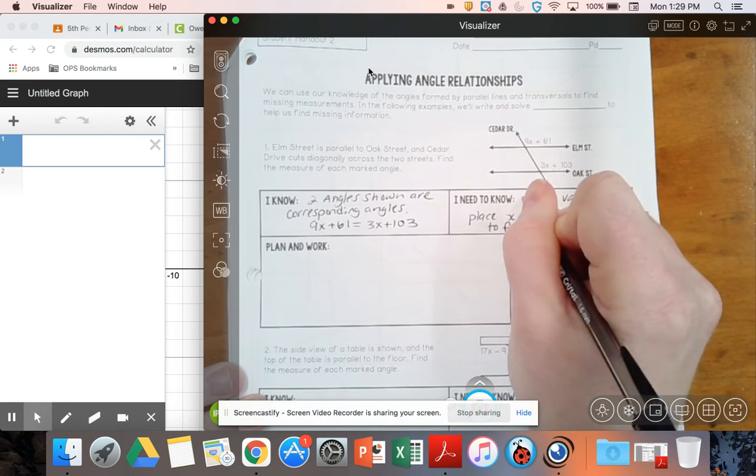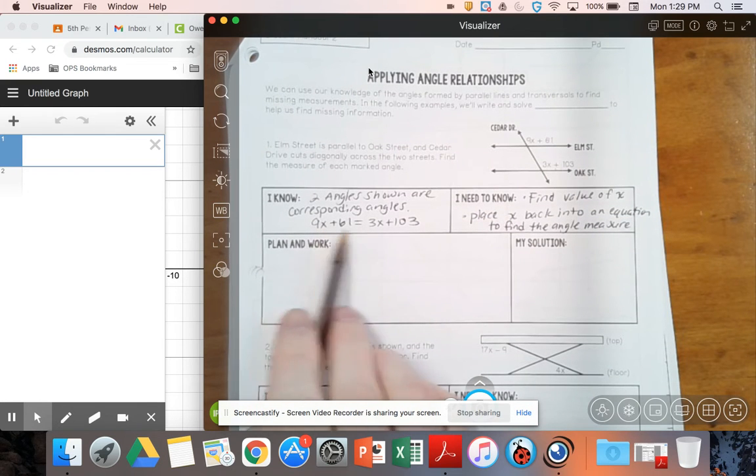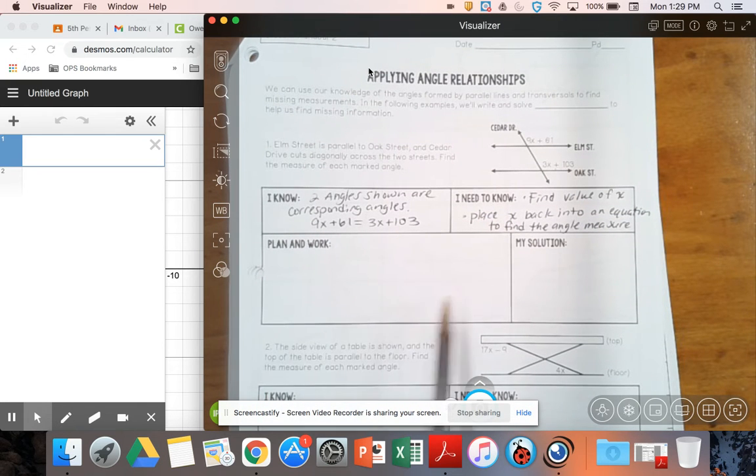So I'm going to do two things here. I'm going to find the value of x by solving this equation. I'm going to then place the value of x back into any one of these two equations, and then I will get my solution.